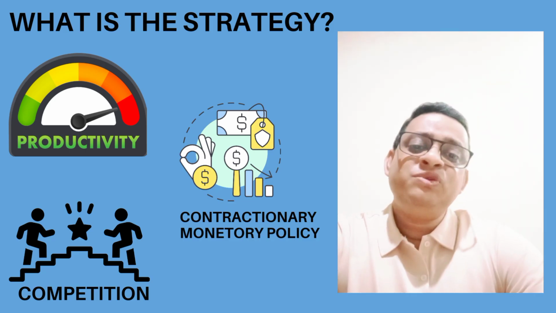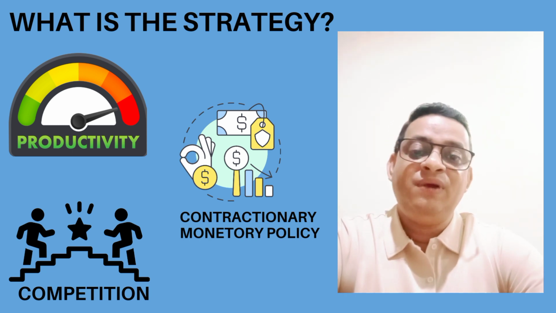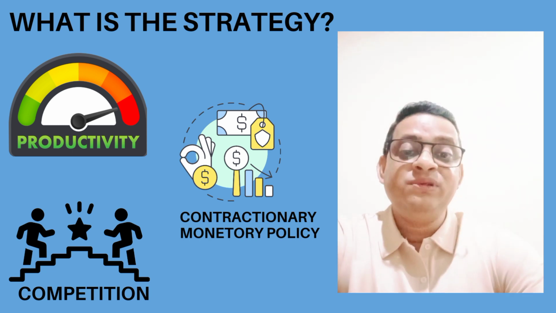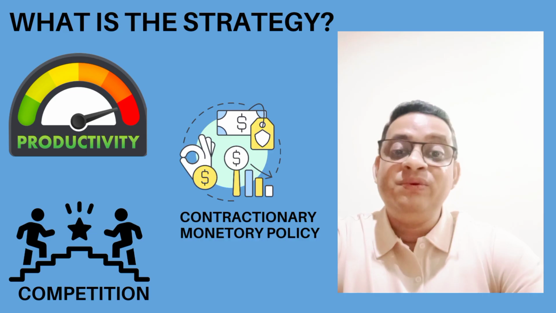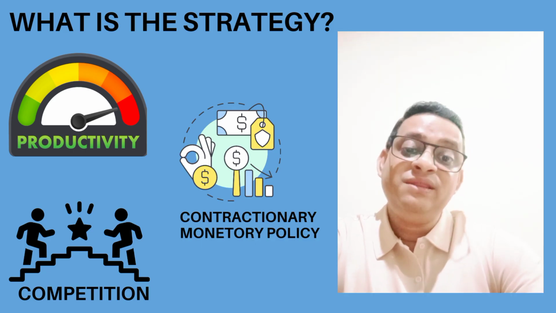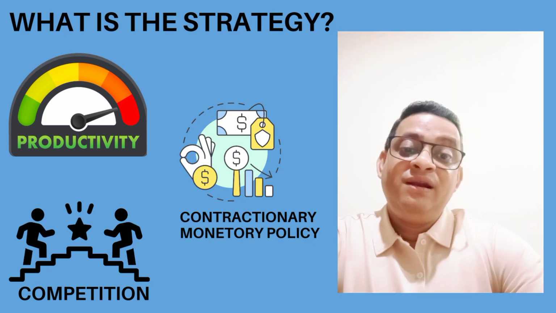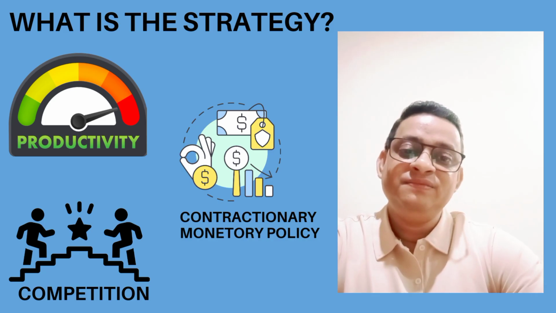So let us come to the first strategy. What is that? It is the production. Suppose the employment rate is very good and the wages are also very good. That means the expenditure capability is very good. So now the demand is increasing. So what to do?